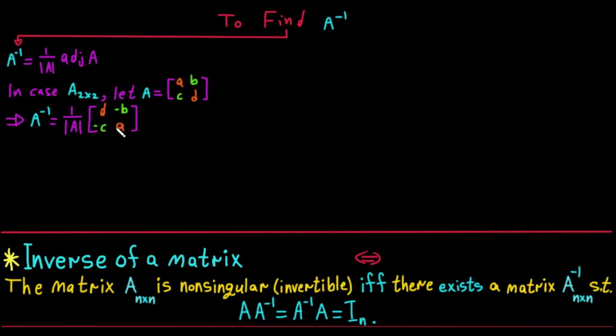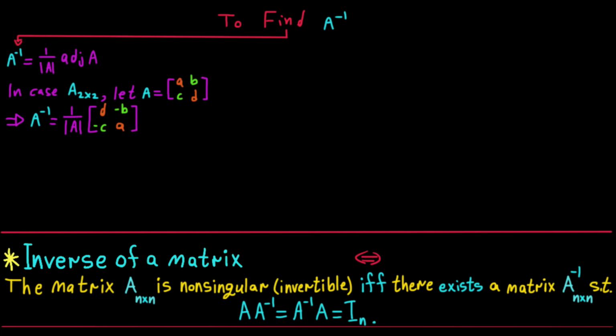Later we will explain in detail how we find this, and what the adjoint or adjugate of A is. Here, this is the adjugate or adjoint, but for 2 by 2, just remember this formula. And what is the determinant of A?